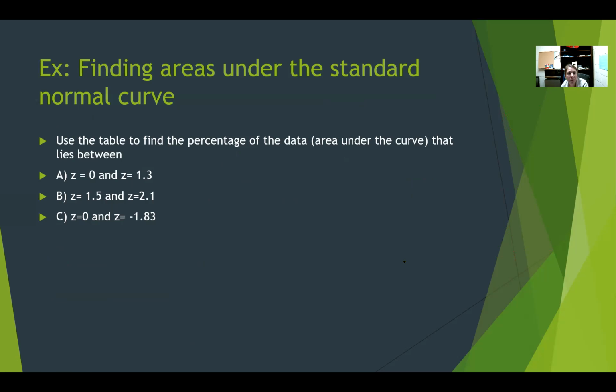So you're going to have to be able to find areas under the curve between z-scores. And for these, what I suggest you always do is draw your curve so that it's a little bit easier to read, okay? So let's look at the first one. We're looking at between 0 and 1.3, okay? And if you look on your z-score sheet, the 0 is always your middle number, and we're going to 1.3, and this is your positives.